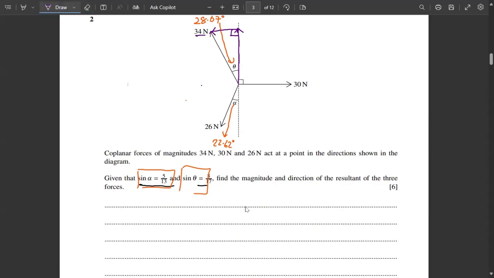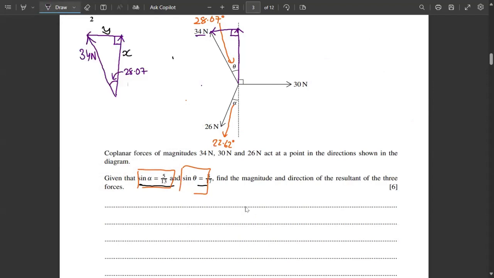Now let's make the diagram right here once again. This angle is 28.07. This is 34 Newton. Now let's find y and x.